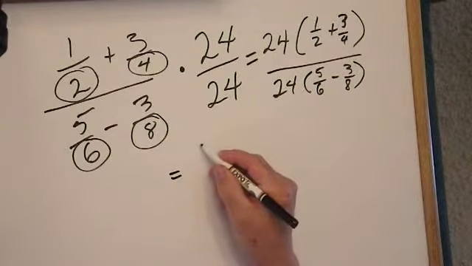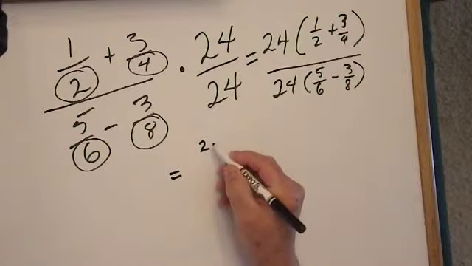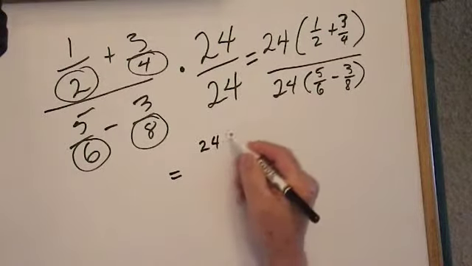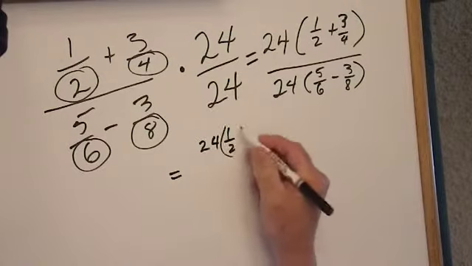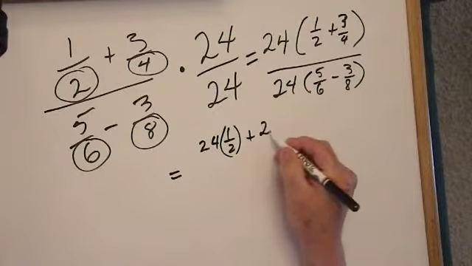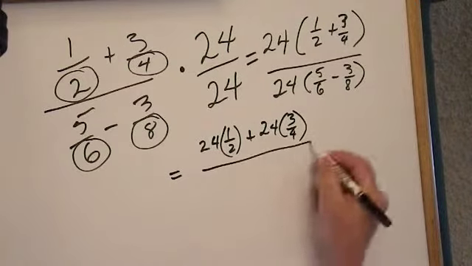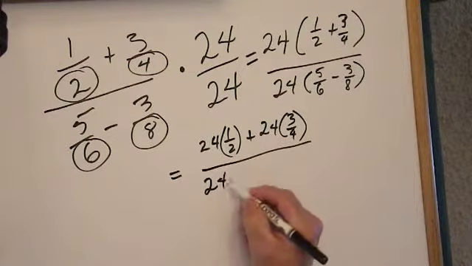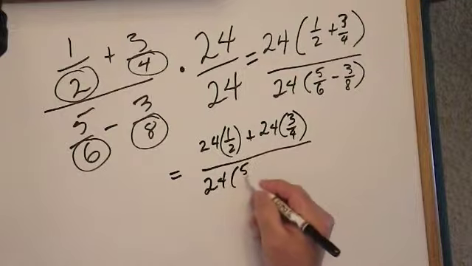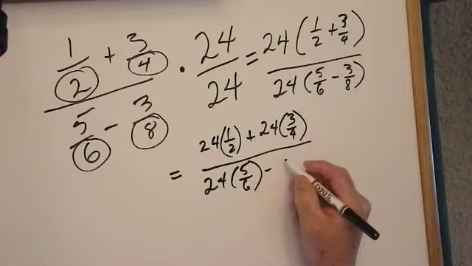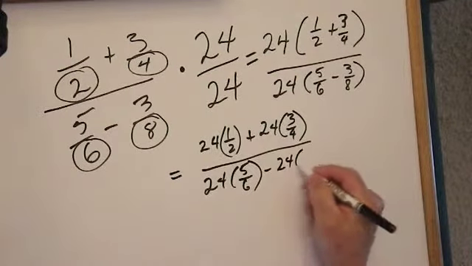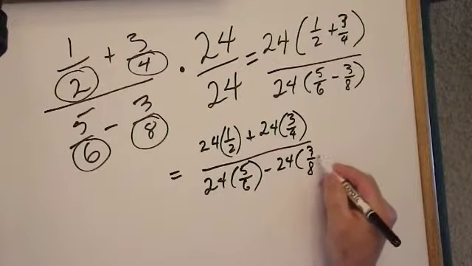So we're going to get 24 times a half plus 24 times 3/4 all over 24 times 5/6 minus 24 times 3/8.